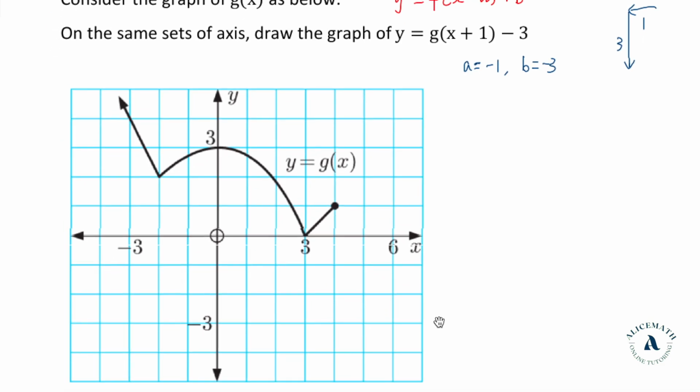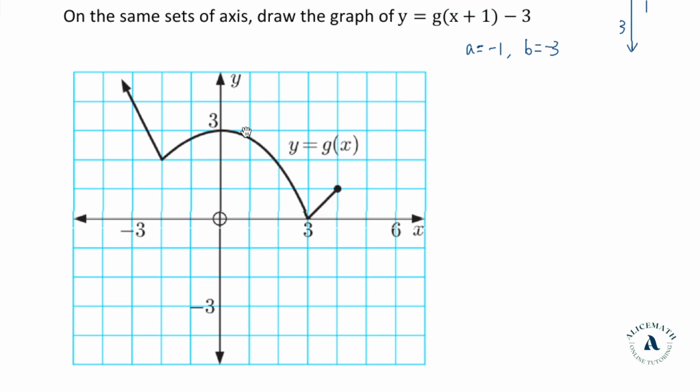Okay, so now look at this graph. This is the previous graph, g(x). And how do we sketch the graph of the new function? This means we need to translate to the left side by 1 unit.